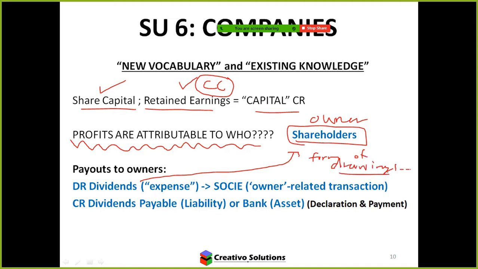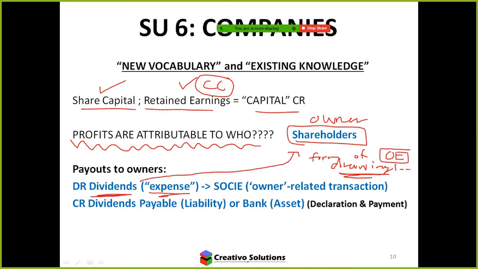Right, but be careful with this though. If you're looking at drawings, we know it is what? Owner's equity. Do you agree? Yes. Where do you think we're going to disclose dividends? I've put a note here, inverted commas, expense. The reason why I've done that is because the dividend is paid out from the profits of the business, but it's paid out after they've worked out the profit.